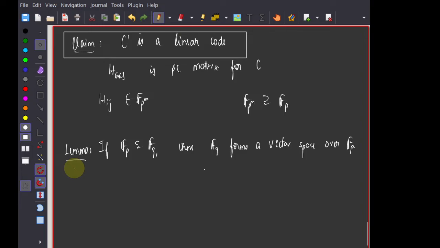The only thing you really need to show, if you think about it, is that linear combinations of elements in FQ should be closed under all linear combinations, and that is true because FQ is a subfield, an extension field over FP. Any linear combination of elements from FQ with coefficients from FP also lie within FQ because elements of FP are also in FQ.